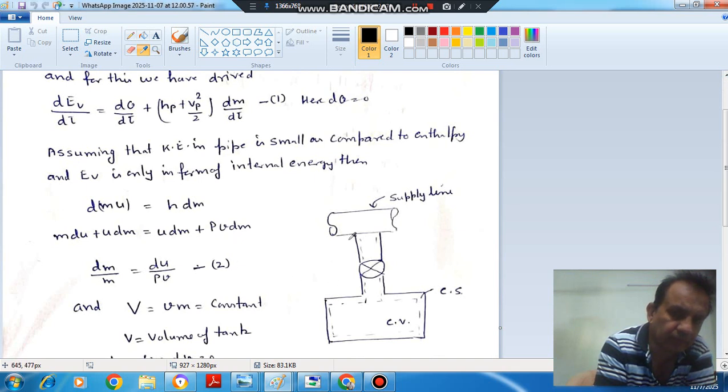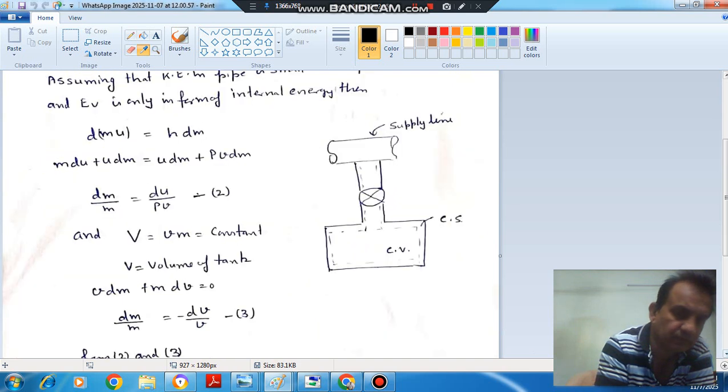So now the volume of the tank is a constant quantity and it is equal to specific volume into mass. So that is a function of specific volume and mass. If mass is more, then specific volume is less. If specific volume is less, then mass is more.